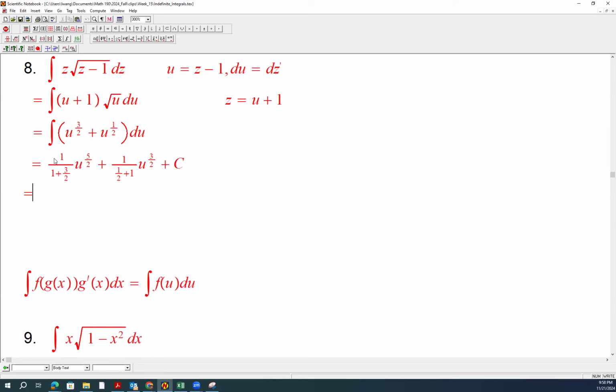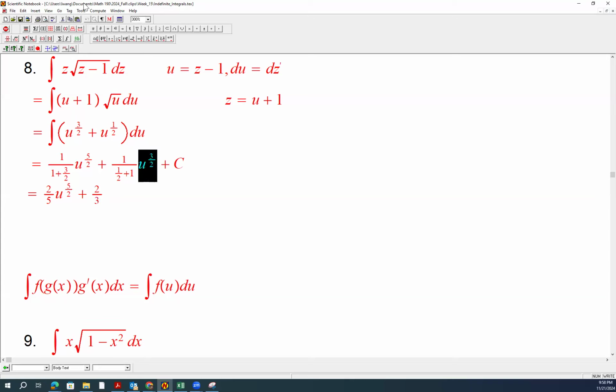Simplify, okay, we got, I just want to make sure I'm recording. So this is going to be 5 under 2 u raised to the power of 5/2 plus 2/3 u raised to the power of 3/2 plus the constant.